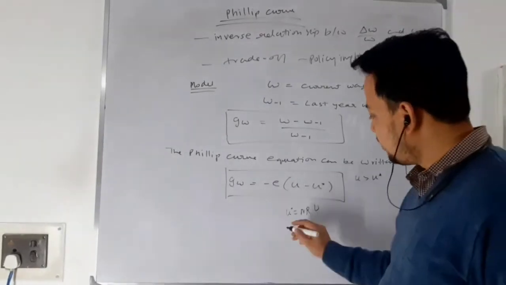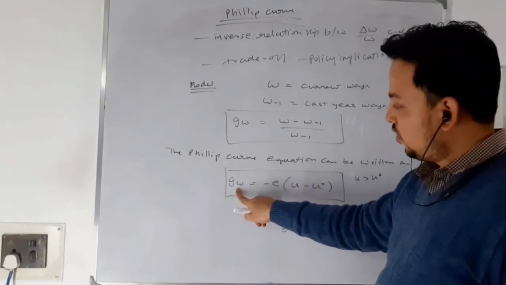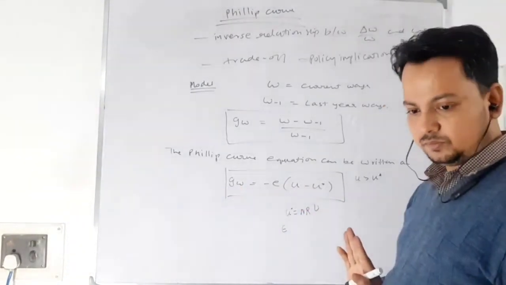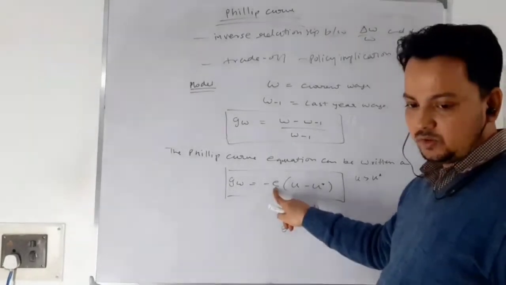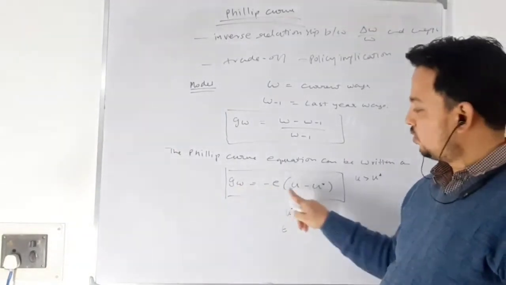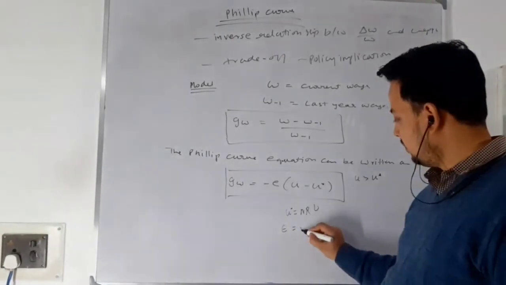This epsilon measures the responsiveness of change in money wage inflation with respect to unemployment. So write down, epsilon represents the responsiveness of wages to unemployment.